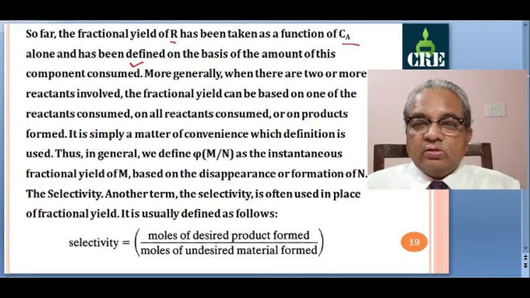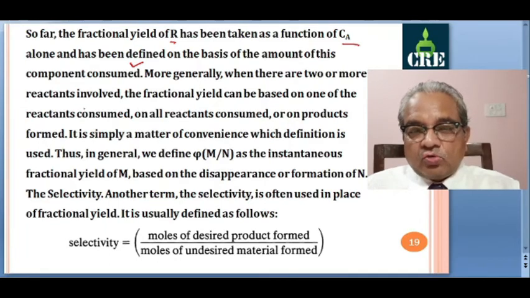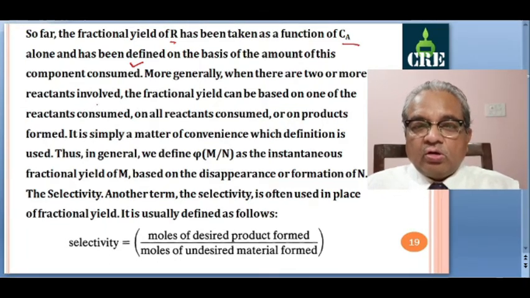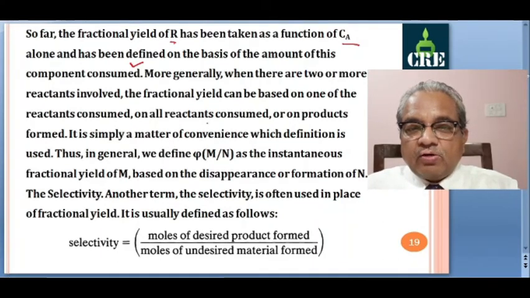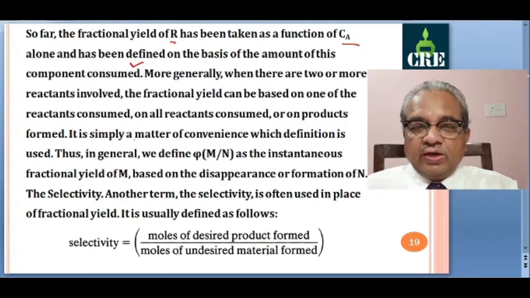You can base it on one of the reactants consumed, or on all the reactants consumed, or on the basis of product formed. It is simply a matter of convenience which definition is used. So which is convenient for us based on the given data or the problem we want to solve, we can decide. We have these choices.